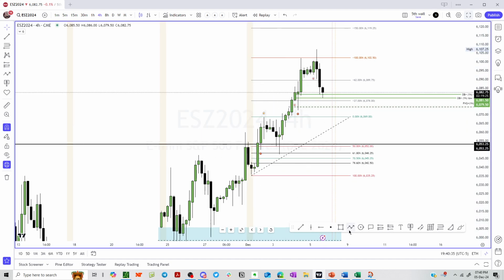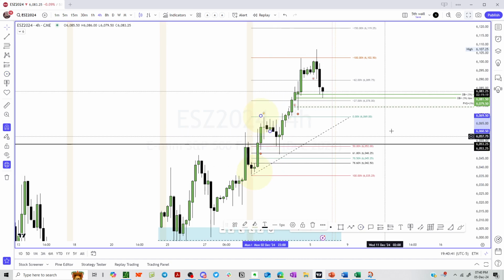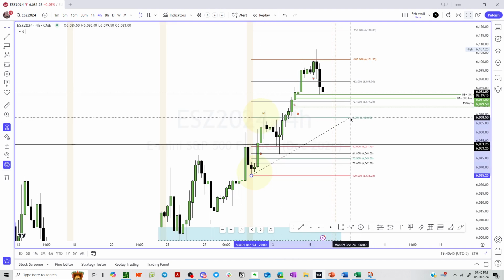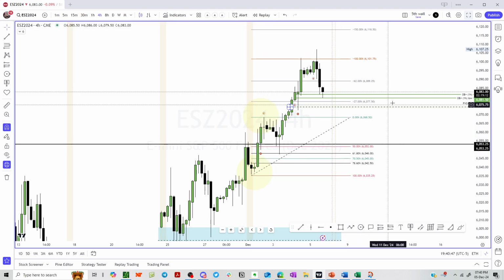I chose this low and this high. You probably can't tell from here, I eyeballed it, so it could be a little off. It's good enough for me.